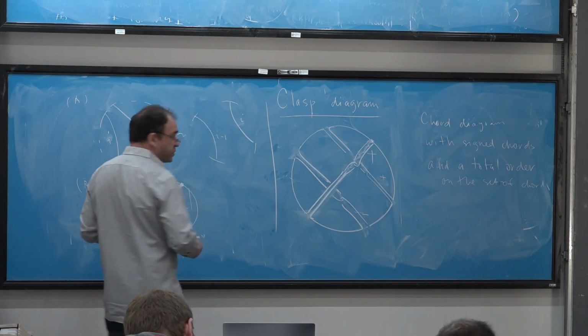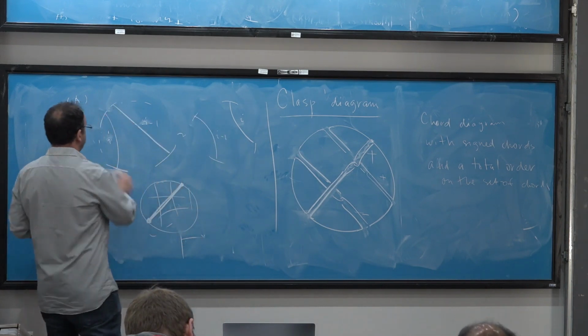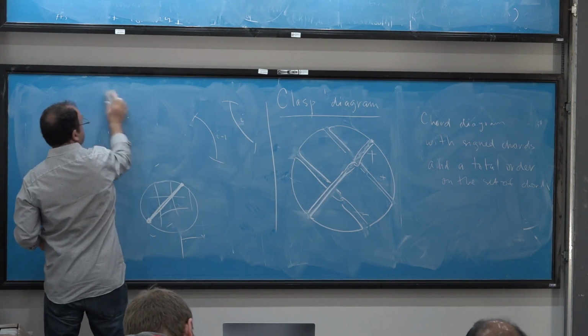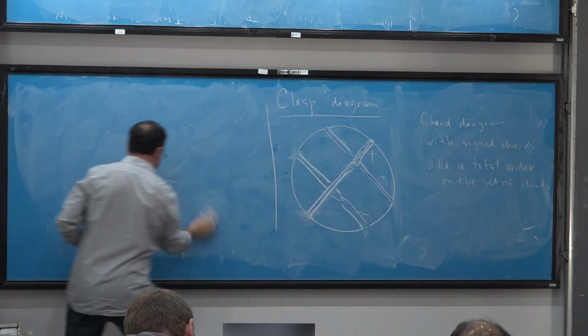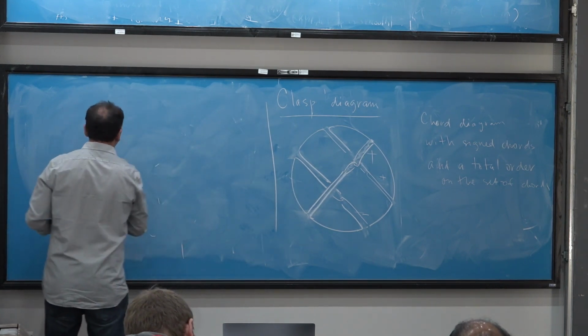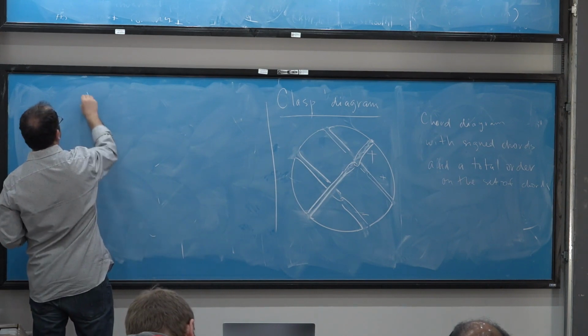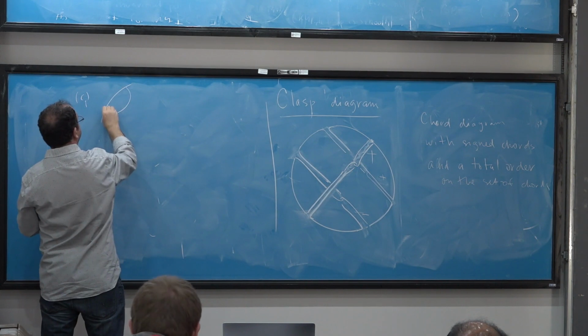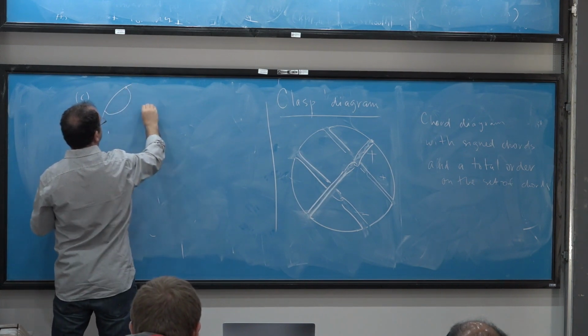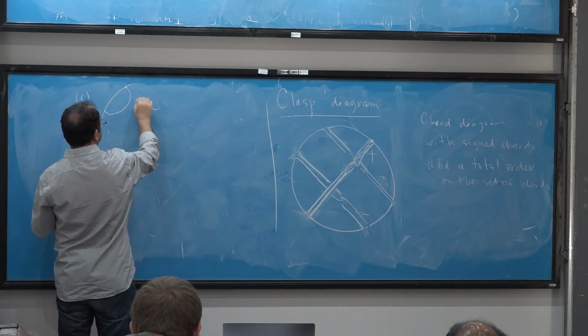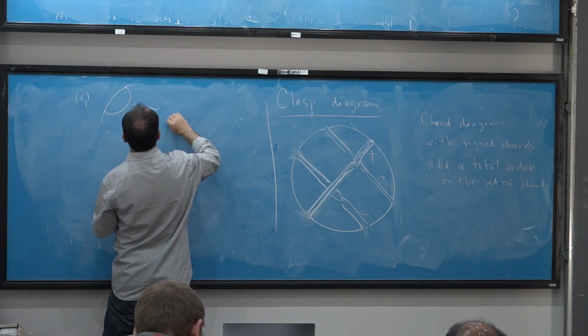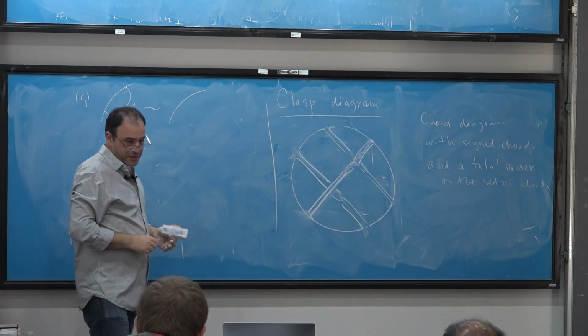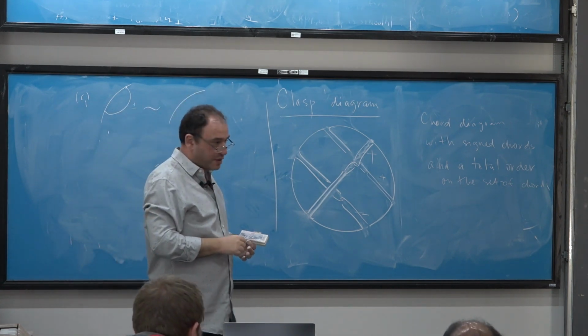And then there are 3 moves that look very much like the Reidemeister moves. The first Reidemeister move is C1, this one, plus or minus whatever. This is the same as nothing, interestingly.